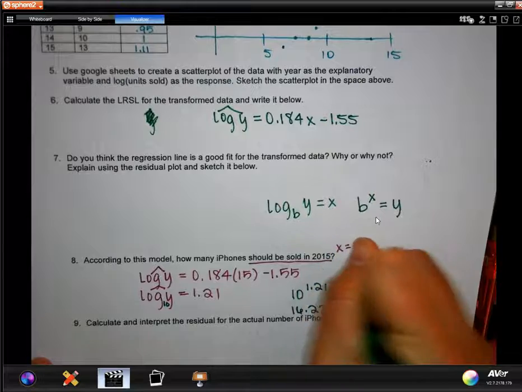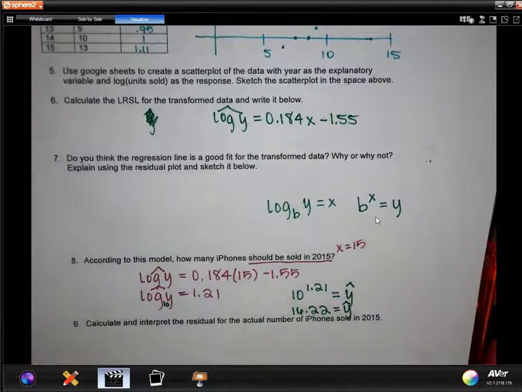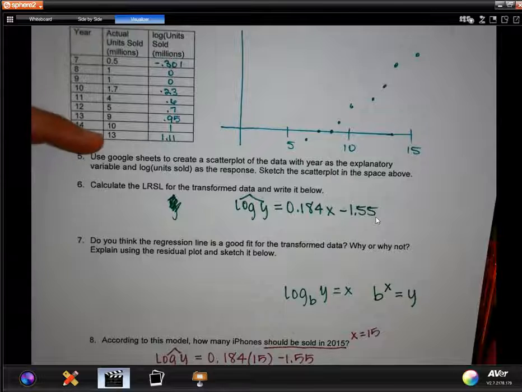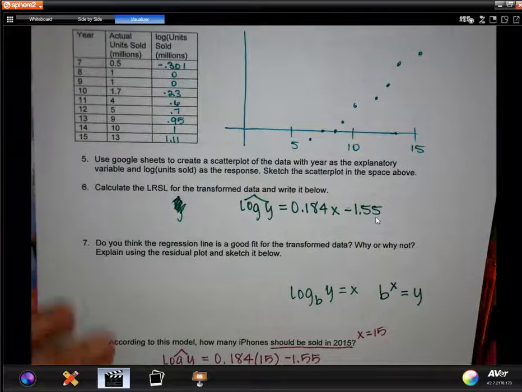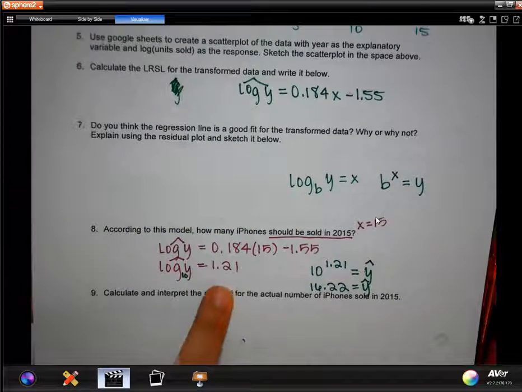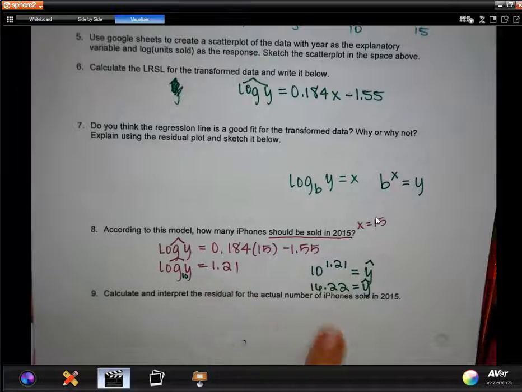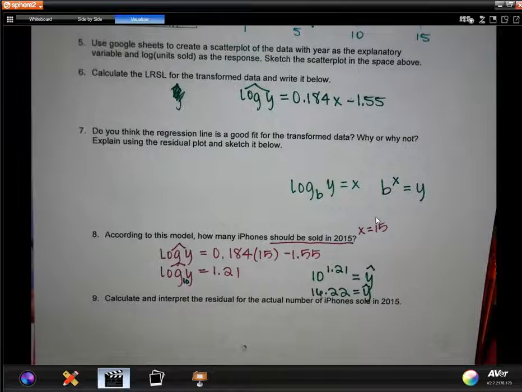16.22, which makes sense because in 2015, 13 million units were actually sold. If we didn't convert to exponential form, 1.21 made no sense in the context of our problem. 16.22 is above the 13, but it at least is in the general range of the actual data.